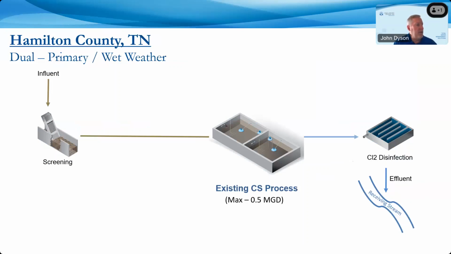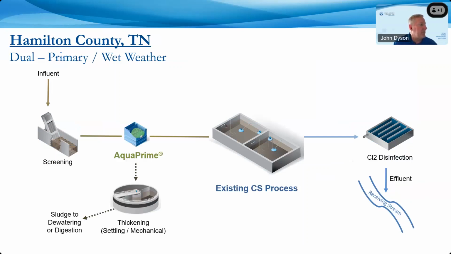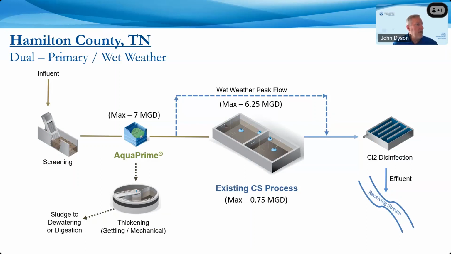At this facility, they have an existing contact stabilization process. You have the primary units, the mechanical thickening with the system, and your influent wet weather flow. So here we're doing advanced primary treatment along with wet weather treatment to achieve the numbers.